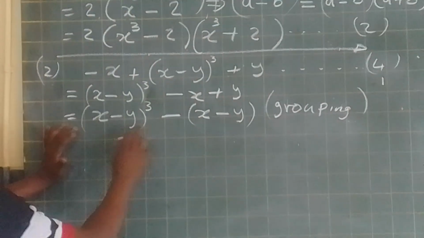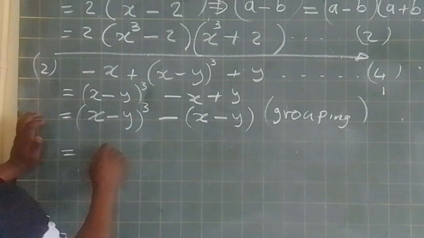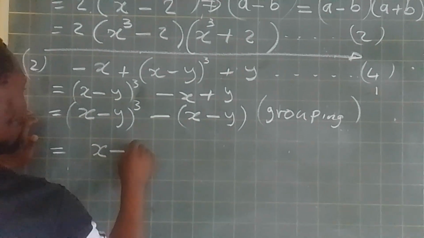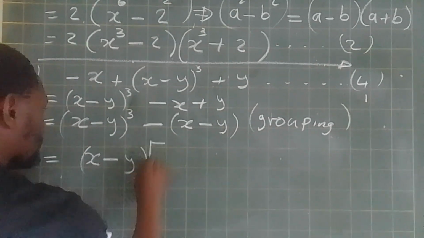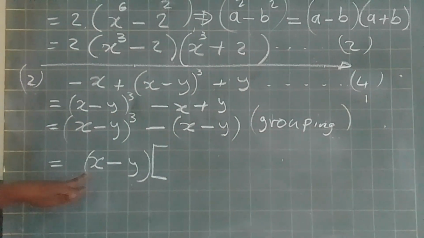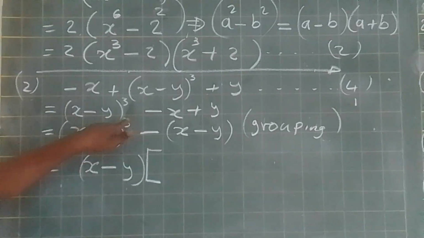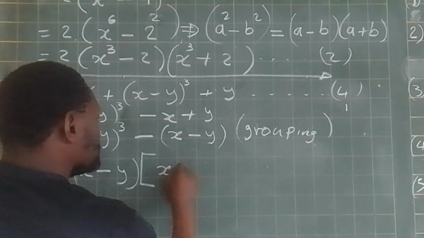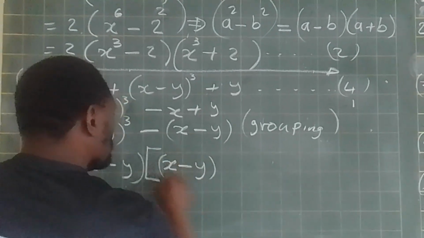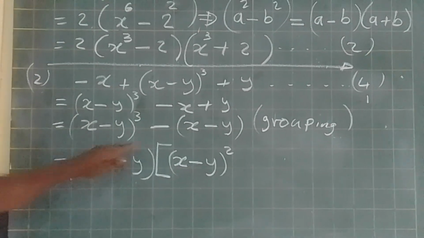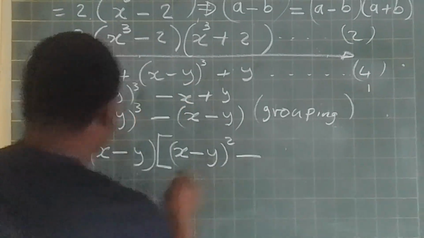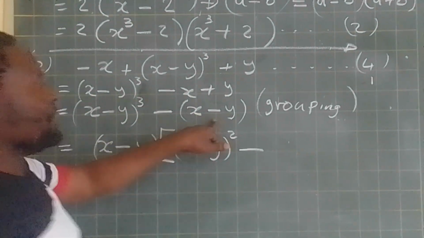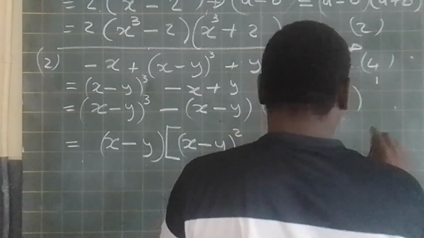You take x minus y as a common factor. Here you are left with x minus y squared, minus x minus y divided by x minus y. This is what you do, grade 10.